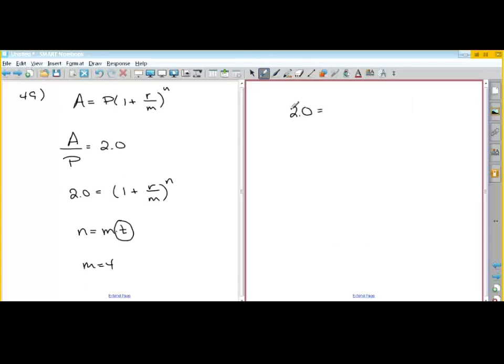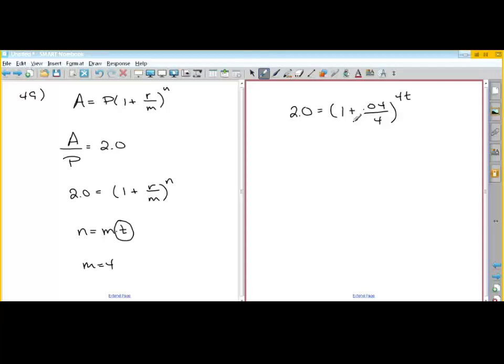So if we put 2.0 is equal to 1 plus, interest rate 4%, divided by 4 periods per year, raised to the 4t. So we have to solve for t somehow. I know how to do it using logarithms, I think.